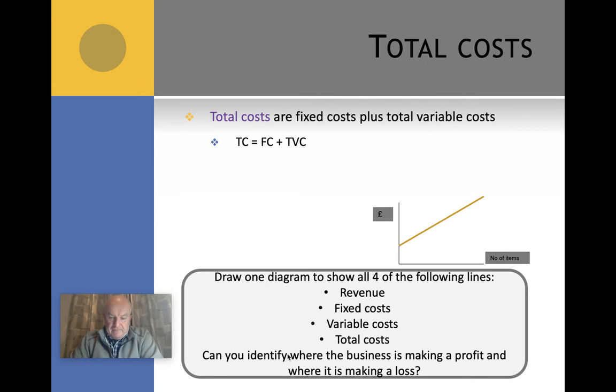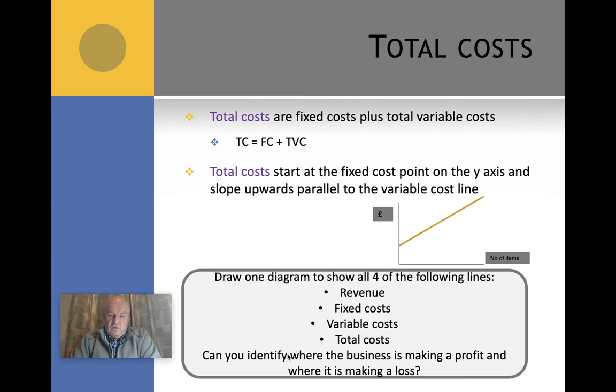Okay, now in this instance, the total cost is obviously going to be a line which is sloping upwards, but we've got to bear in mind that our total cost is going to include fixed cost plus variable cost. So you can see a similar situation where we've got our variable cost at 0 items, but it's not starting at the origin.